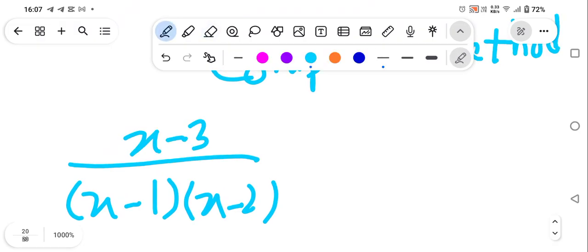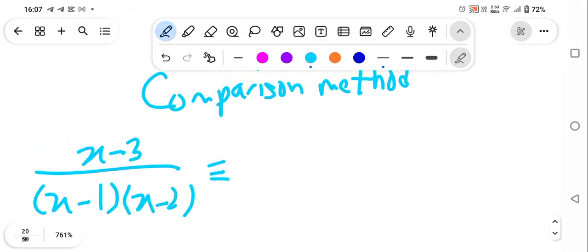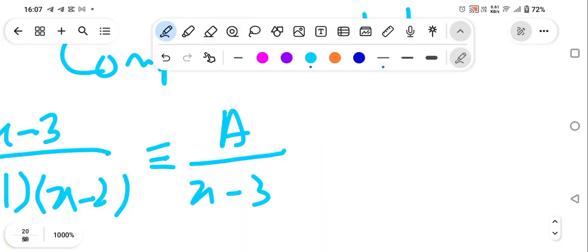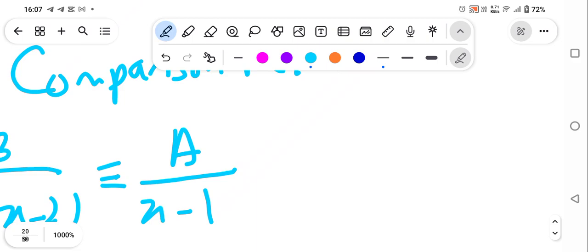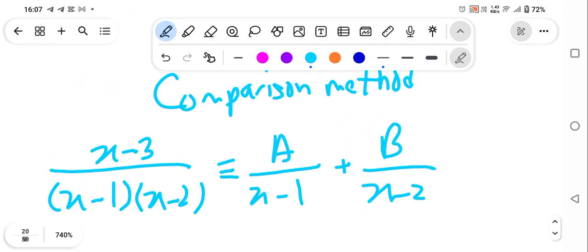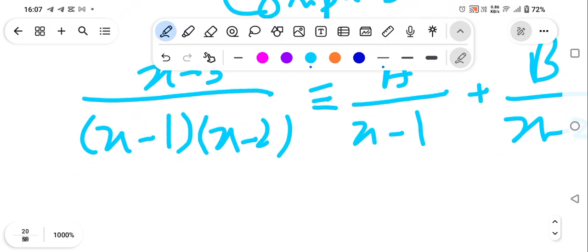Yeah, much better. So now I'm going to split it into a over x minus 1 plus b over x minus 2. The first thing we do is multiply both sides by the denominator.